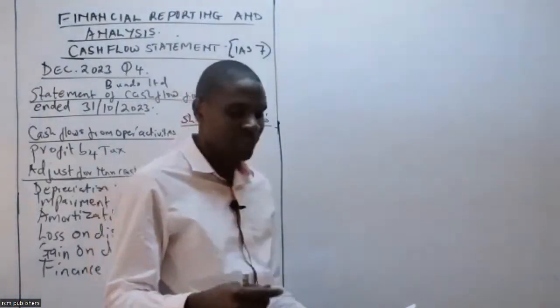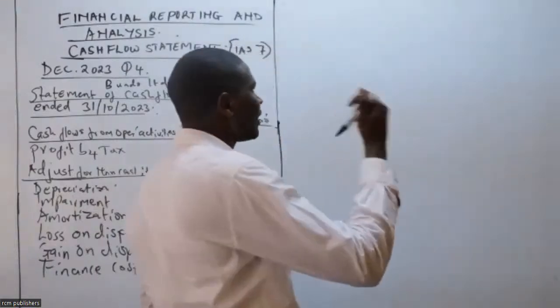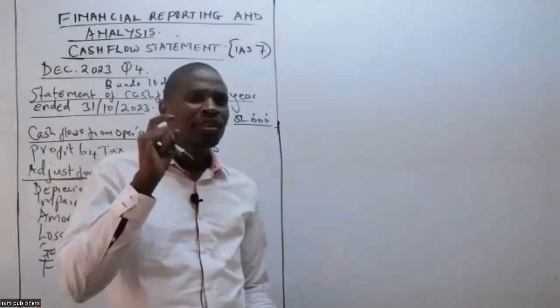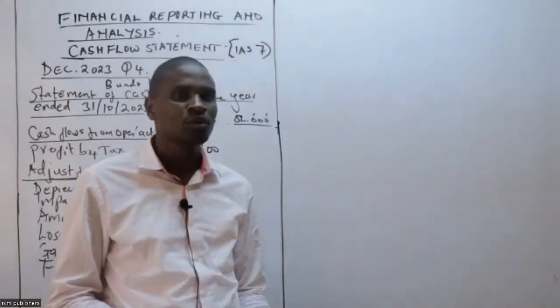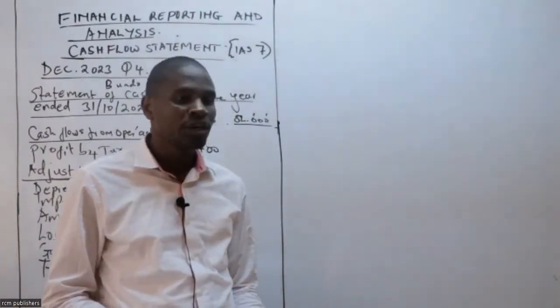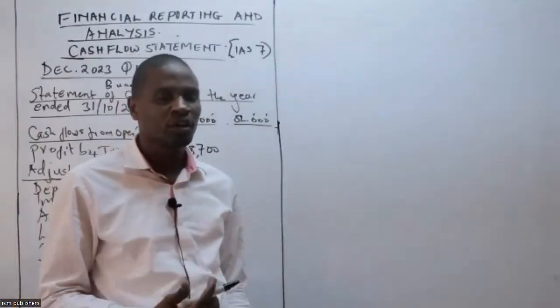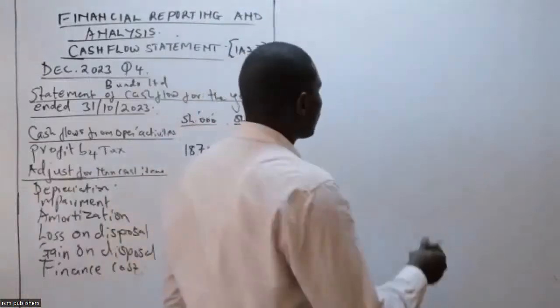We also have the carrying amount. The carrying amount is the same as net book value. In the case that we want to determine the depreciation, we need to know which method to use. We can use the cost method, or we can use the carrying amount or net book value method.